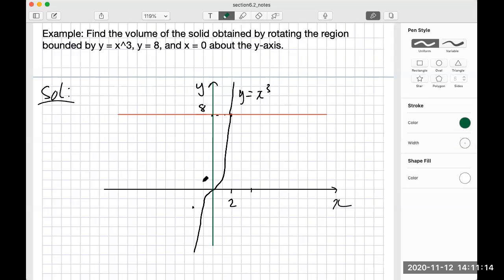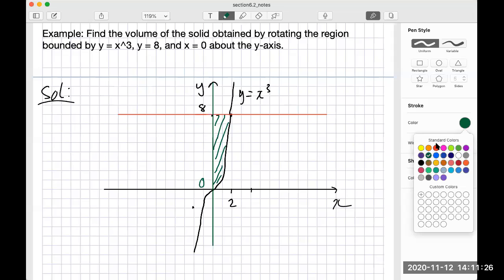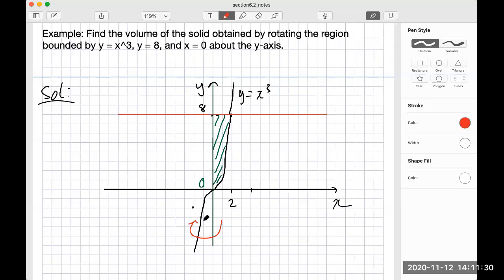Okay, this is 0. So it means the green area here, and then it rotates about the y-axis. Okay. Do you all see it?